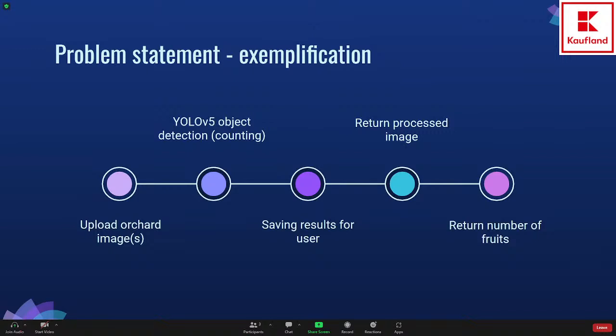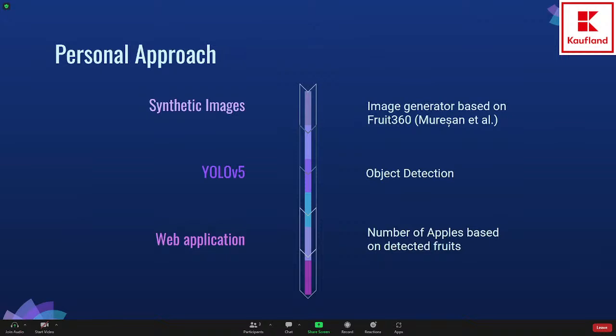As a personal approach, the most important actors in our approach are the synthetic images, the YOLO V5 model, and the web application, which enhances both of the previous two. Synthetic images are generated based on the Fruit 360 database, which is a really large database with different fruits and vegetables, but in our case, we only use the apples.